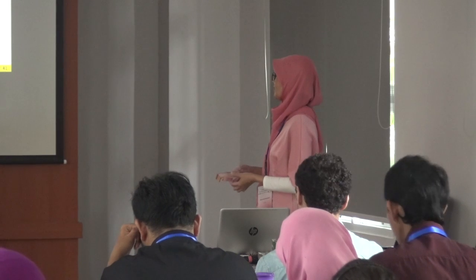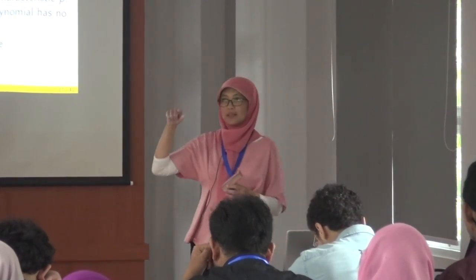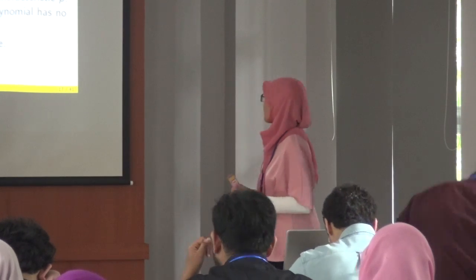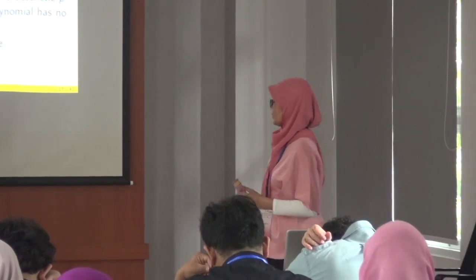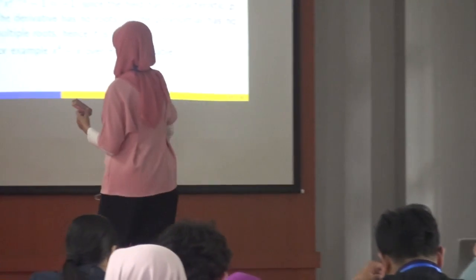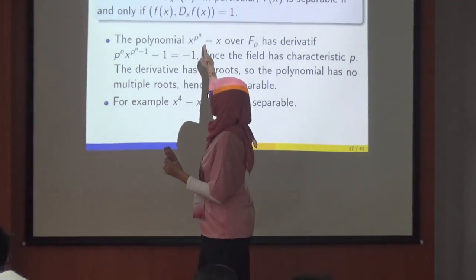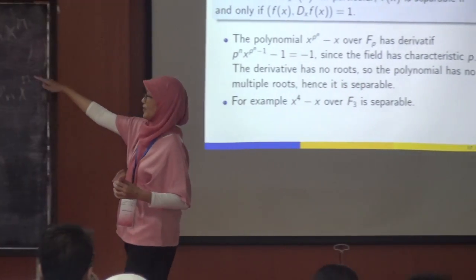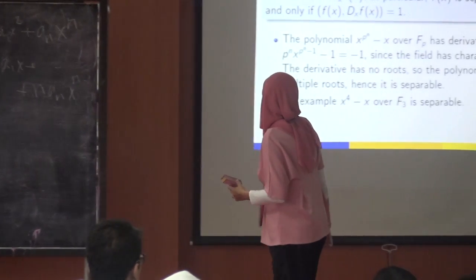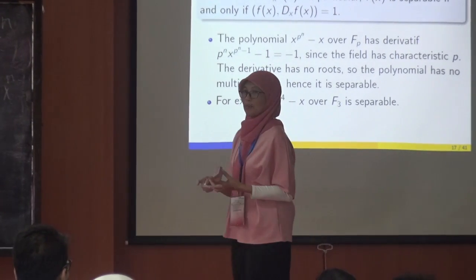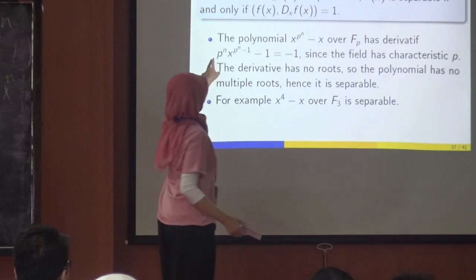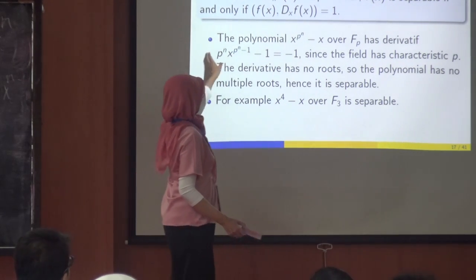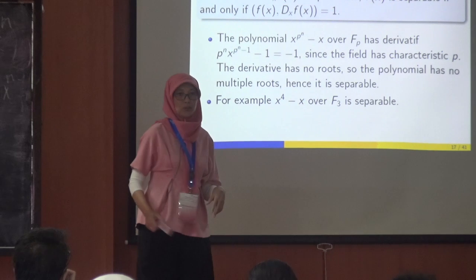So we can see this in an example. For example, we have the polynomial x to the p to the n minus x over F_p. You know, F_p has characteristic p prime, and has this derivative. We use the definition, yeah? And because it has characteristic p, this is 0, and you always have this equal to minus 1.